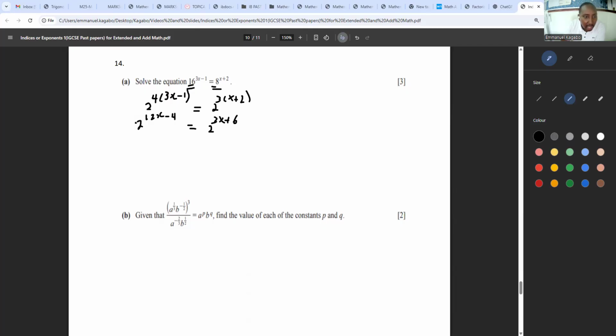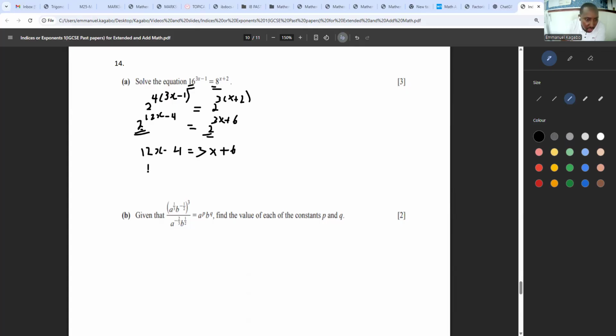Good. Now, what about here? Like that, we don't need to do that step anymore. So the bases are the same, so the powers are going to be the same as well. So it's 12x minus 4 equals 3x plus 6.